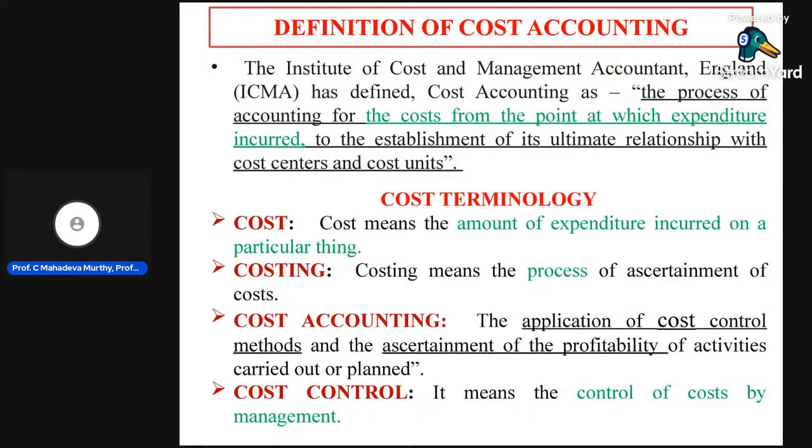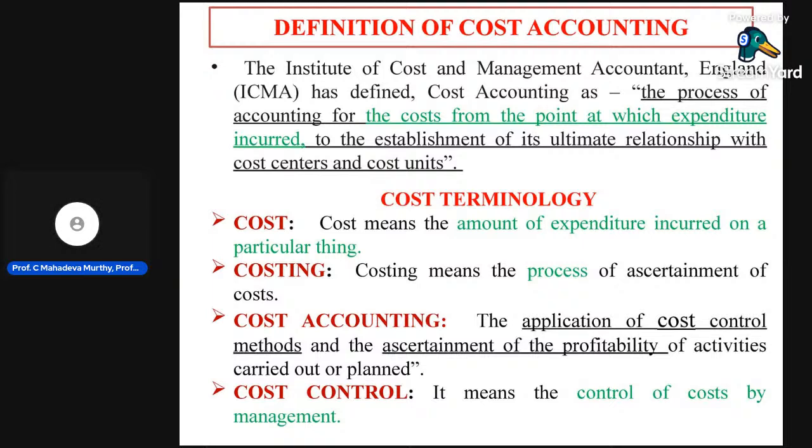Then cost accounting is the application of cost control methods and the ascertainment of the profitability of activities carried out or planned. Cost accounting means the application of cost control methods. A system is there, a cost sheet is there. With the help of the cost sheet, we prepare the cost; that is most important.